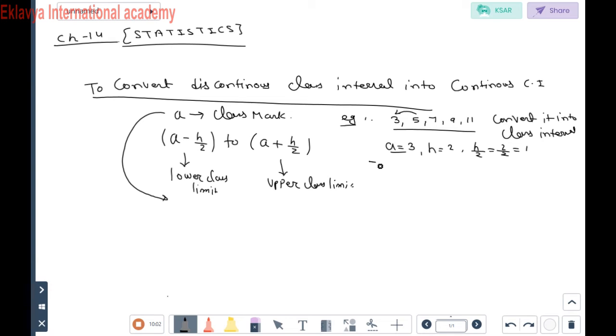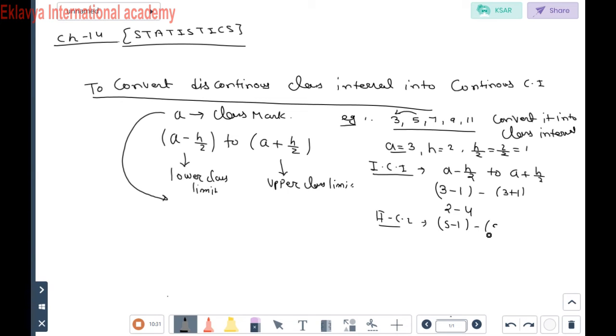Now the first class interval is A minus h by 2 to A plus h by 2. What is the value of A? 3 minus 1 is 2, 3 plus 1 is 4, so 2 to 4. Then the second class interval: the value of A is 5. 5 minus 1 is 4, 5 plus 1 is 6, which gives 4 to 6.